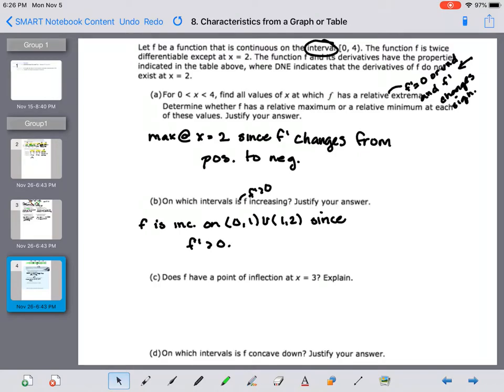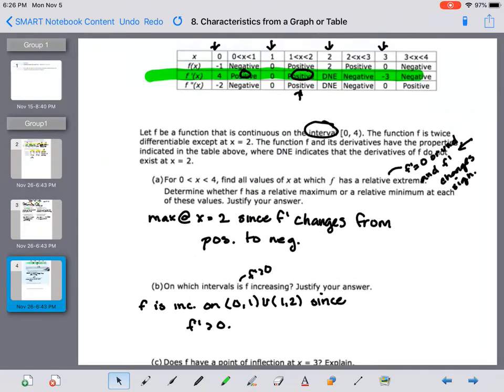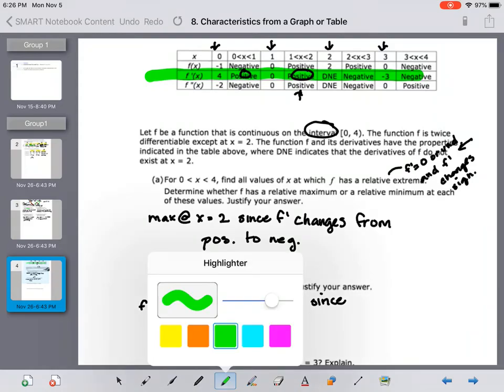Okay, so C says, does f have a point of inflection at x equals 3? Explain. So point of inflection comes from the second derivative. So I want to look at the second derivative specifically at x equals 3. So going back to my table at the top, I'm going to actually look at my second derivative. So I'm going to highlight that one in a different color.